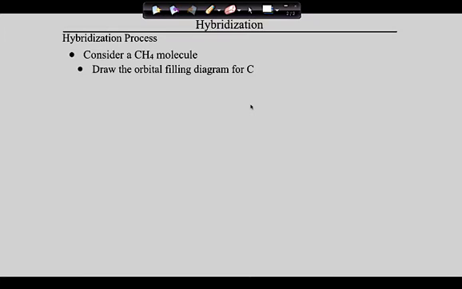Here's why. Guys, draw the orbital filling diagram for carbon. In your notes, draw the orbital filling diagram for carbon.